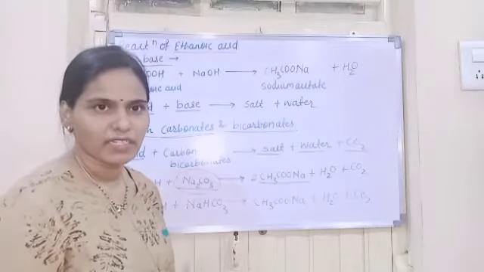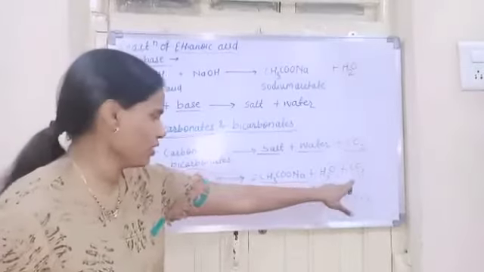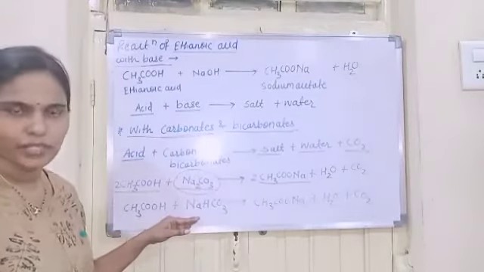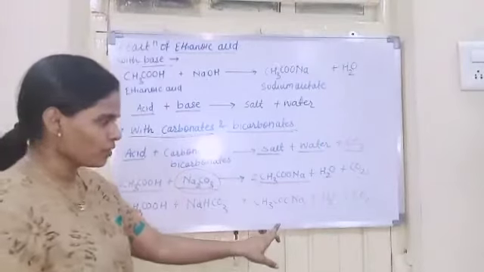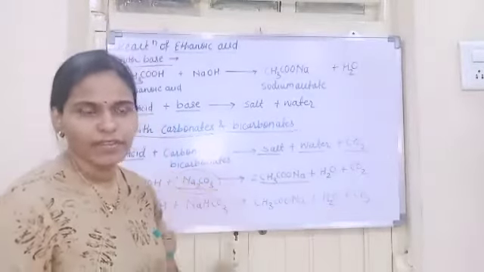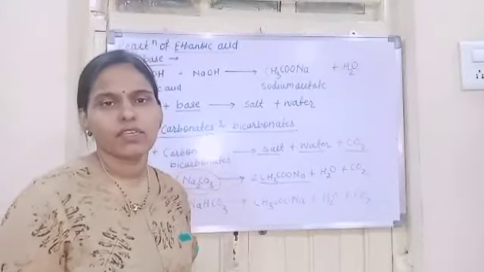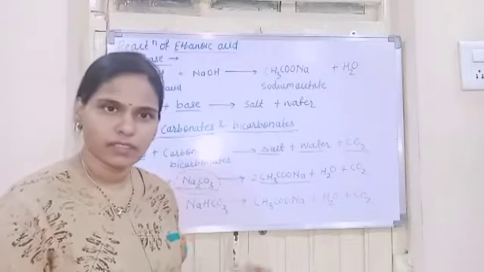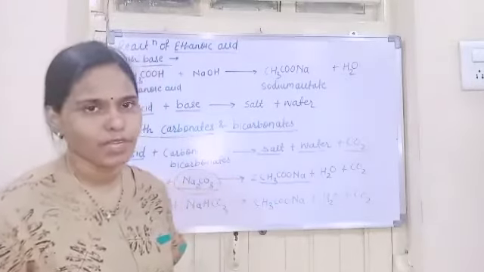So it confirms that the gas produced in this reaction is carbon dioxide. Now instead of sodium carbonate, if we take sodium bicarbonate or sodium hydrogen carbonate, again the same products will be there, a gas will be produced, that is carbon dioxide, and we can confirm the gas the same way, by passing it through lime water. Definitely the lime water will turn milky. This is the confirmation test for the production of carbon dioxide.